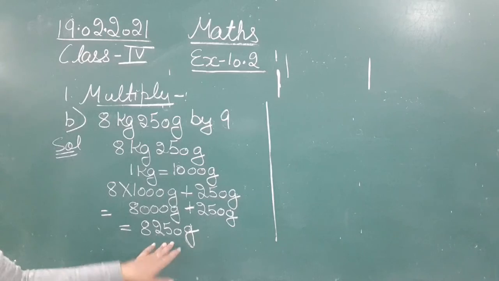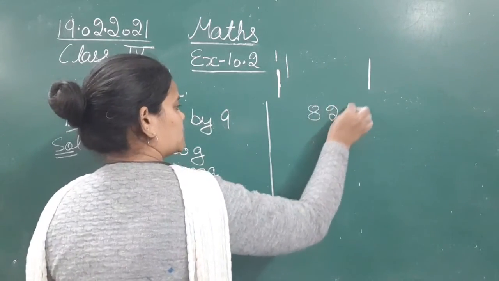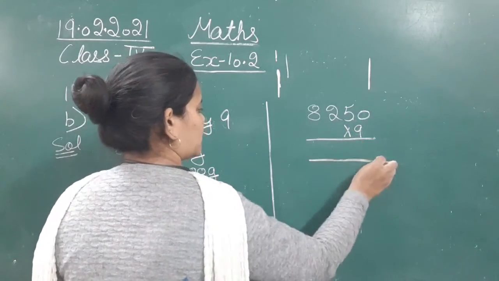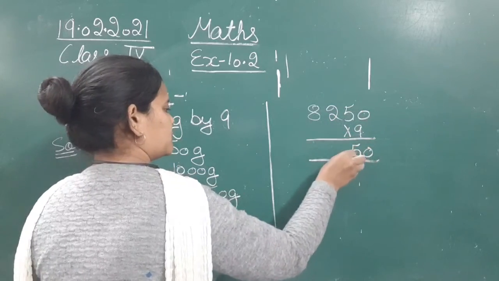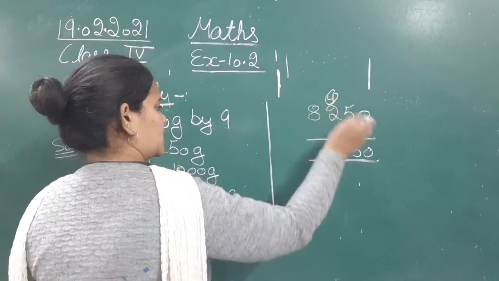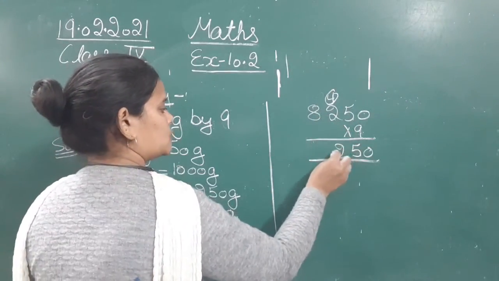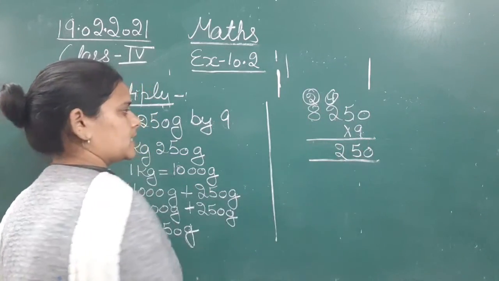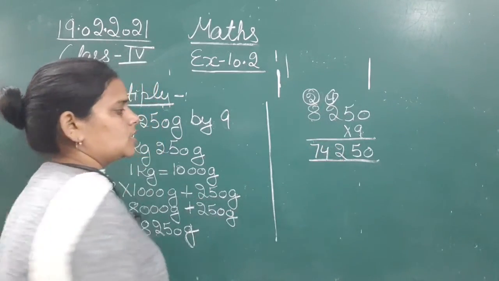Now after conversion we will do the simple multiplication as we have done in the previous one as well. Now we are going to multiply 8250 with 9. 9 zeros are 0, 9 fives are 45, 4 will be here, 9 twos are 18, 18 plus 4, 22, 9 eights are 72 plus 2, that is 74.